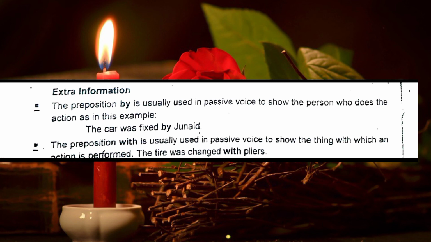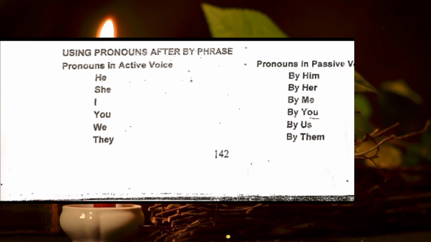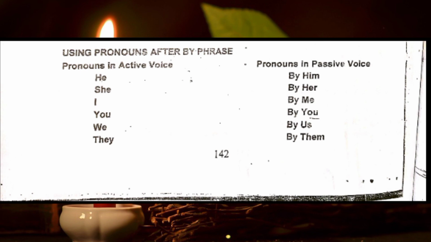The tire was changed with pliers. Using pronouns after by phrases. Pronouns in active voice: he, she, it, I, you, we, they. Pronouns in passive voice: by him, by her, by me, by you, by us, by them.